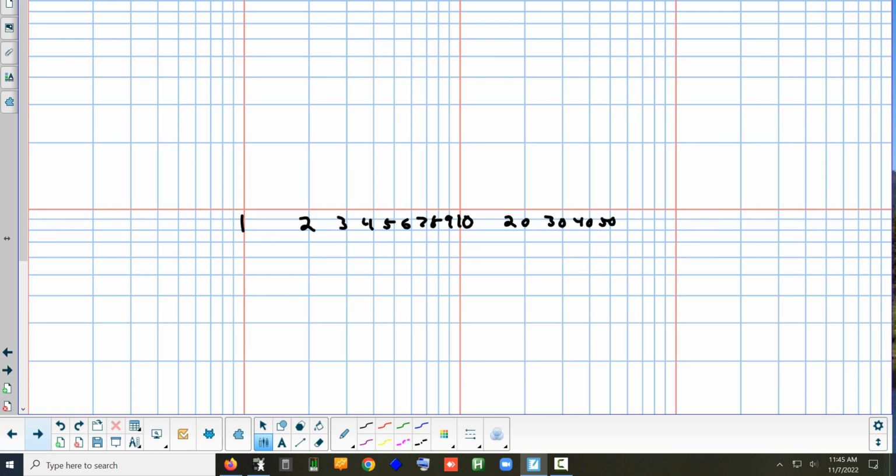And then it goes by hundreds: 200, 300, 400, 500, 600. So the scale isn't consistent. And it works the same up and down. So that's 1, 2, 3, 4, 5, 6, 7, 8, 9, 10. And then it goes 20, 30, 40, 50, 60. So the scaling is a little different than what we're used to.